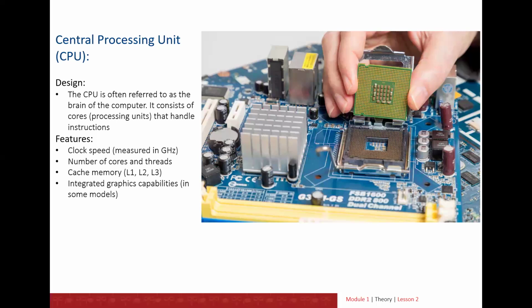So once you see the core, don't get confused. They are internal small components which individually process for the CPU. Each core can perform tasks independently, allowing for parallel processing. That means a multi-core CPU can handle multiple tasks simultaneously, significantly improving the performance.